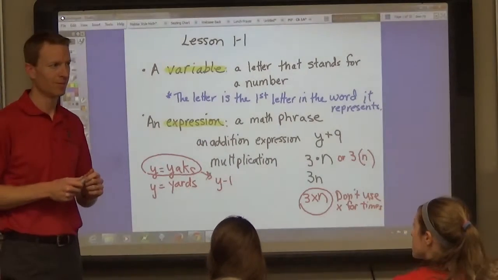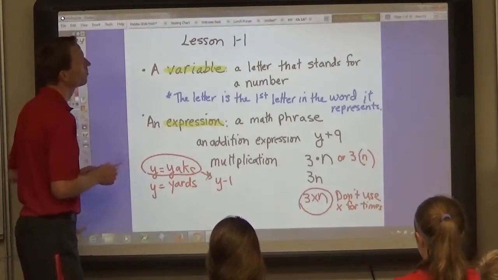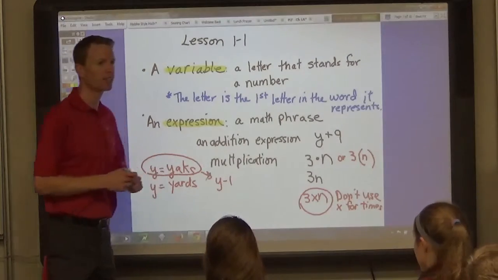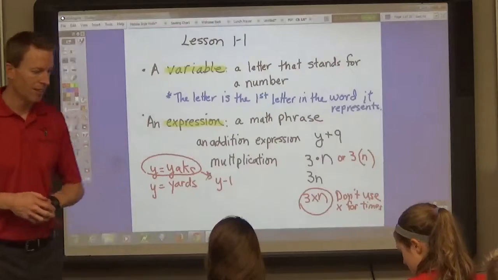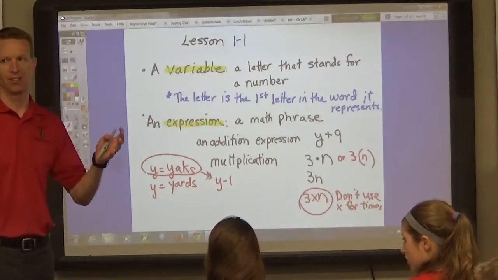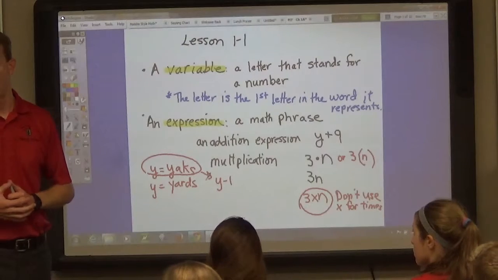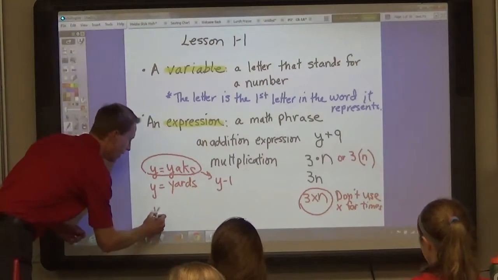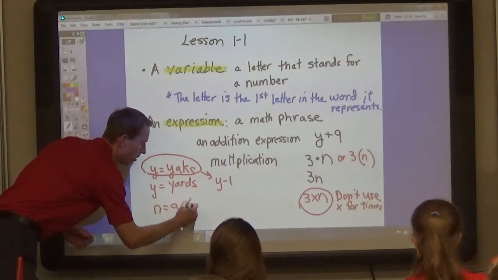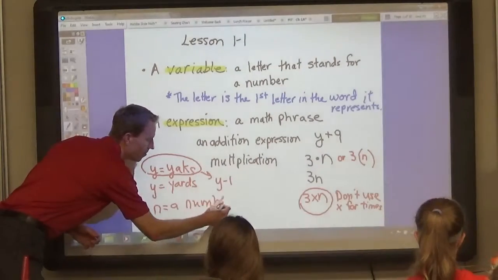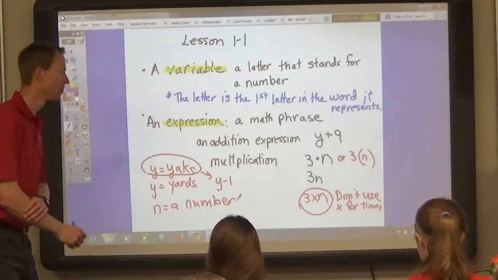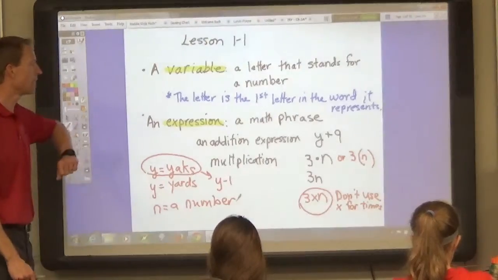So if you see N plus 7, it just means a random number plus 7. And then to define that, you would write N equals a number.